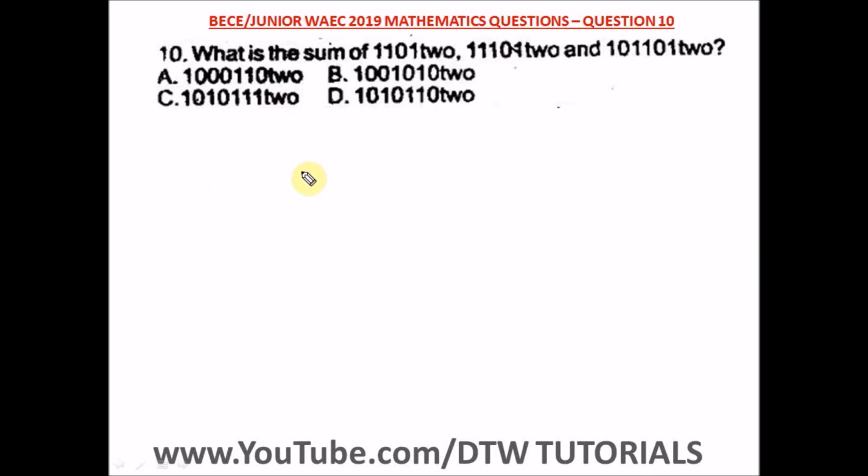Question 10 of the BECE Junior WAEC 2019 Mathematics Past Question. It says, what is the sum of these three numbers in base 2? This is binary. We have to add these 3 binary numbers. Let's do this together. Let's arrange them.